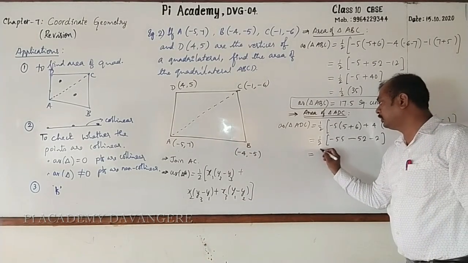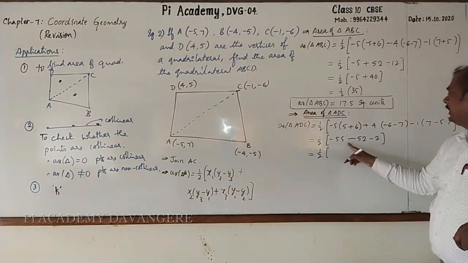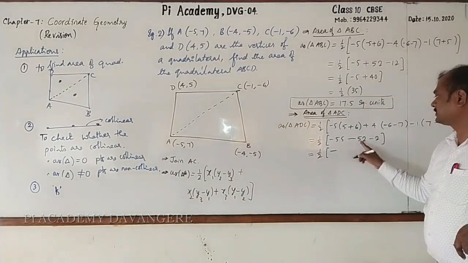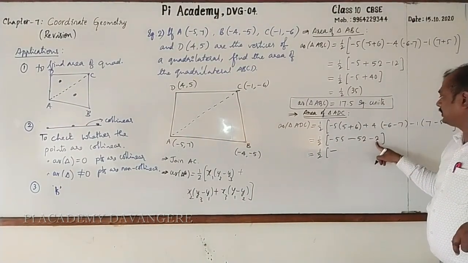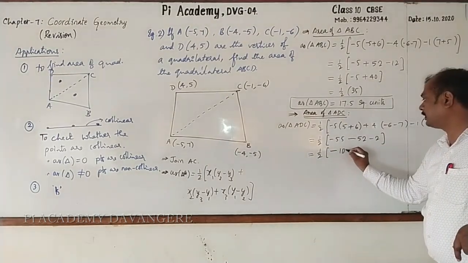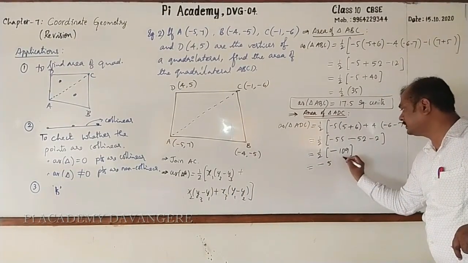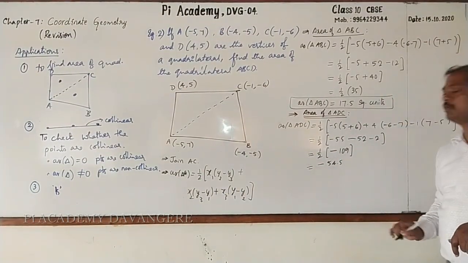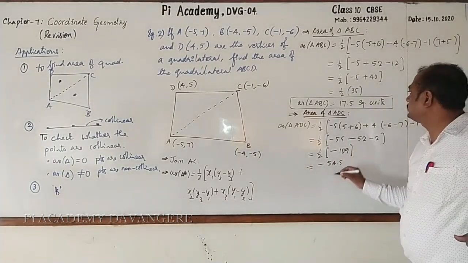It is equal to 1 by 2 into, then add all these: 55 minus 52 minus 2, that is 1... Then we want the absolute value, right?